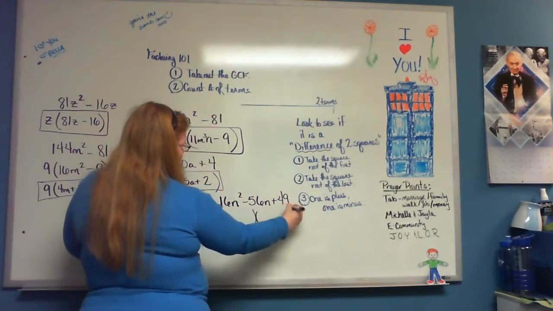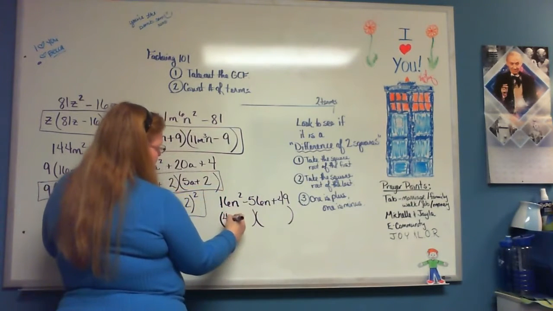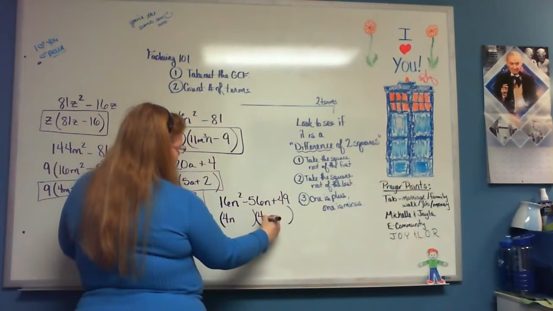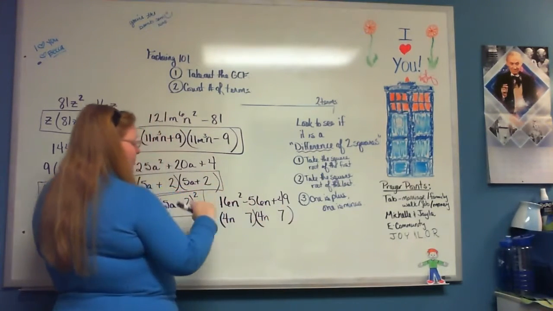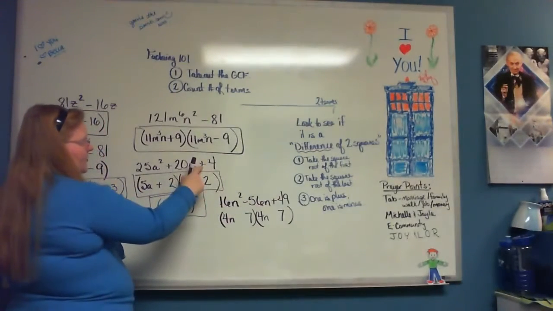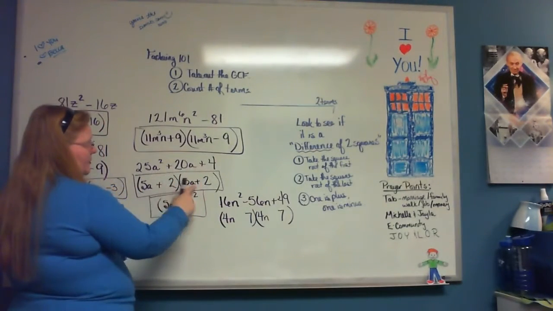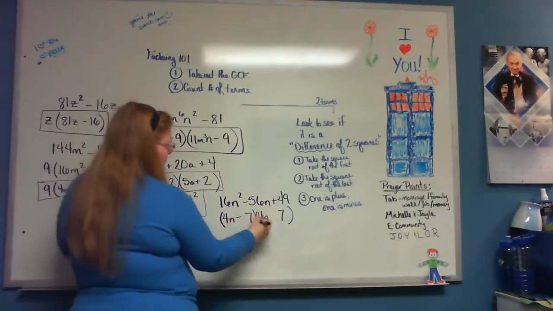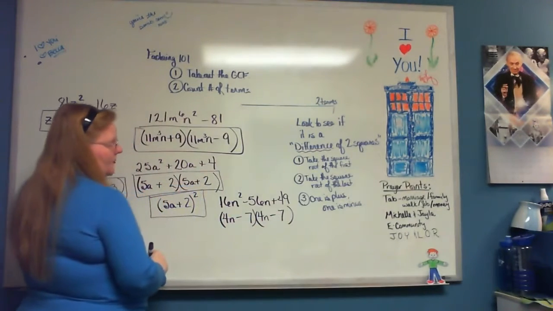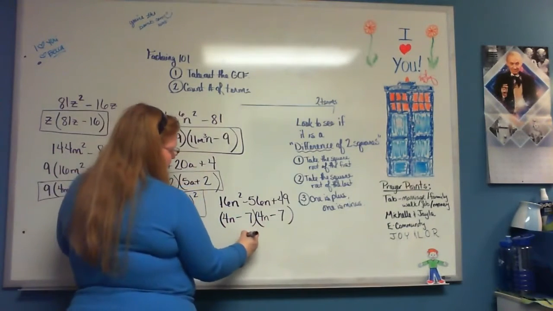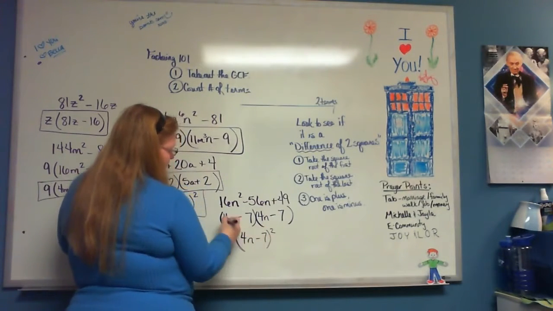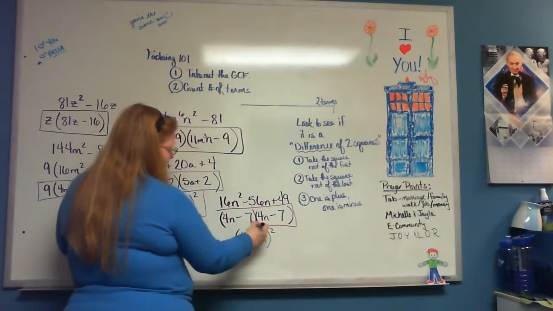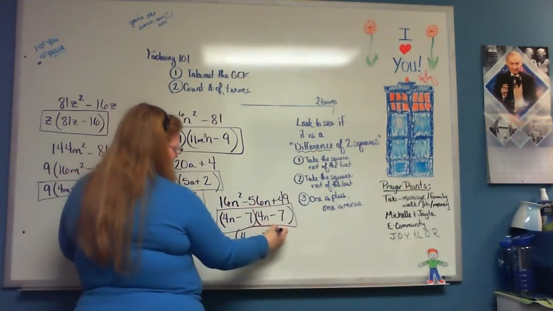So that's going to be 4n and 4n, and that's going to be 7 and 7. And in a perfect square trinomial, you have to follow the rule about a plus in the back. Side's going to be the same as whatever's in the front. So it's going to be a minus and a minus. You can write it either way. You can write it that way, or you can write it that way.